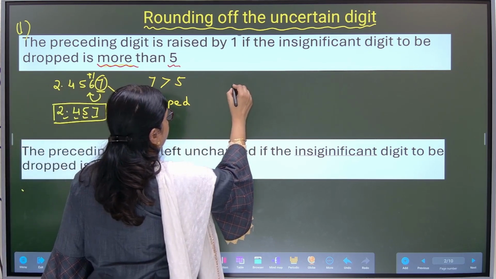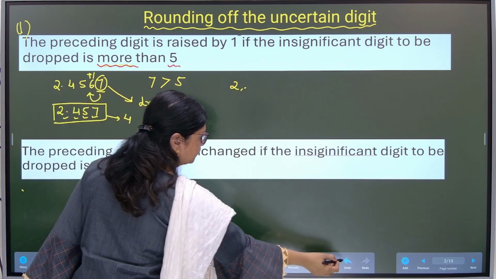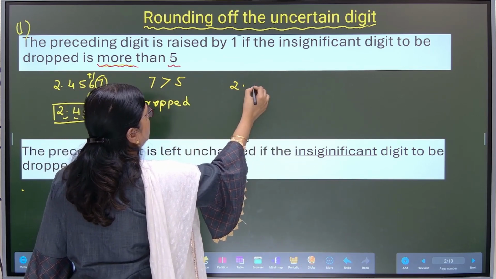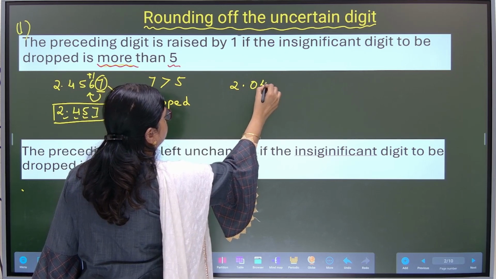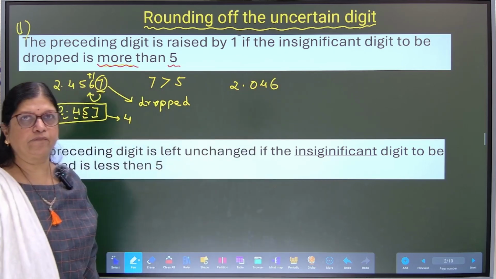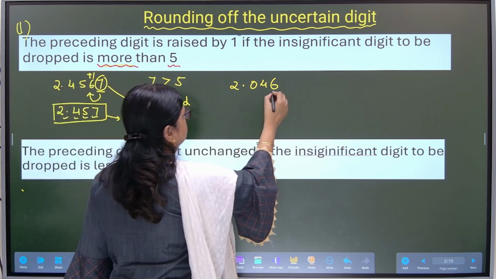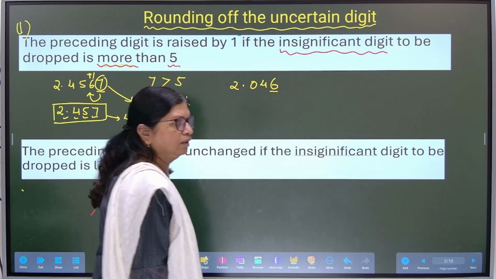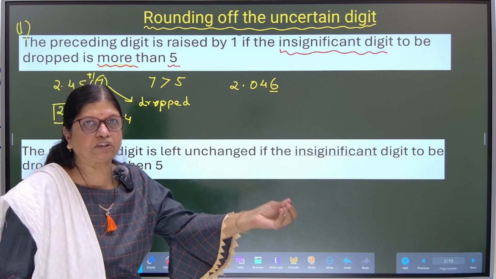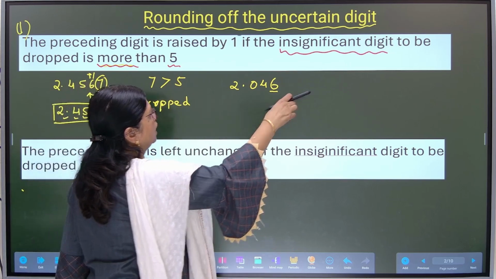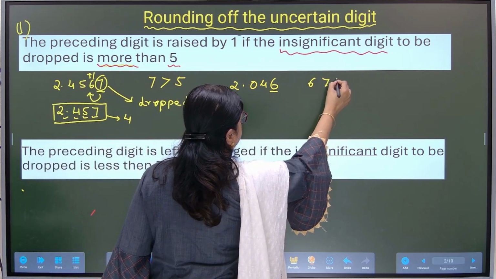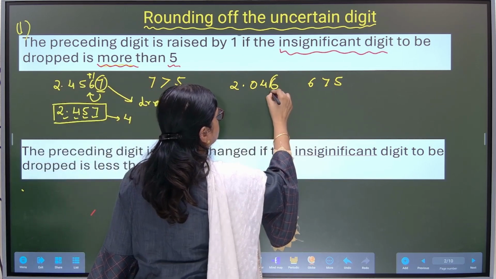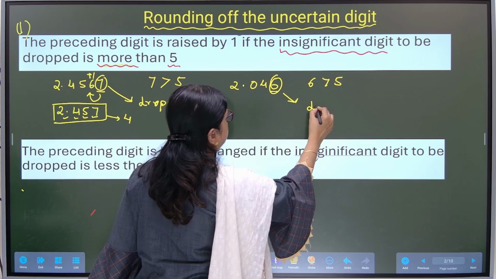One more example let us see. We are taking our own examples, nothing very particular. 2.046. Let me underline 6 as the insignificant digit which is to be dropped, which is to be rounded off. Again we have 6 greater than 5 as per the rule. So 6 has to be dropped, not to be written.